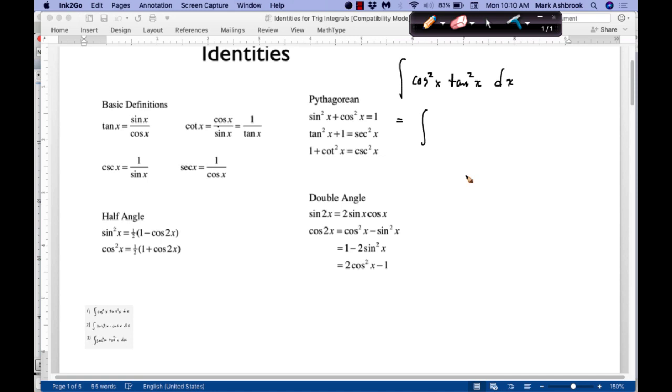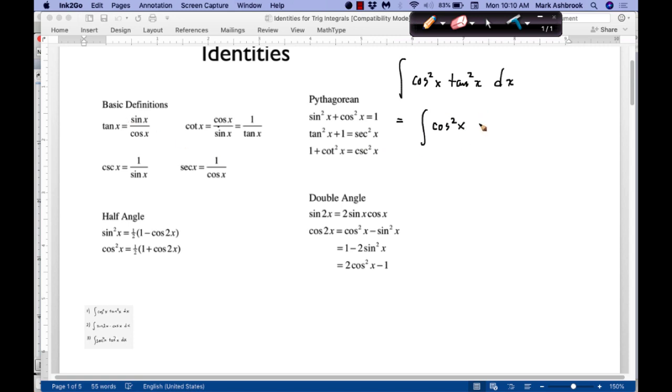Yeah. You could write tangent squared x as sine x over cosine x, squared. Okay, so rewriting tangent squared. So actually there's kind of 2 choices here. We could use the Pythagorean identity, we could write it as secant squared minus 1, or we could write it as this thing squared. And so the better choice is what Kenny said.